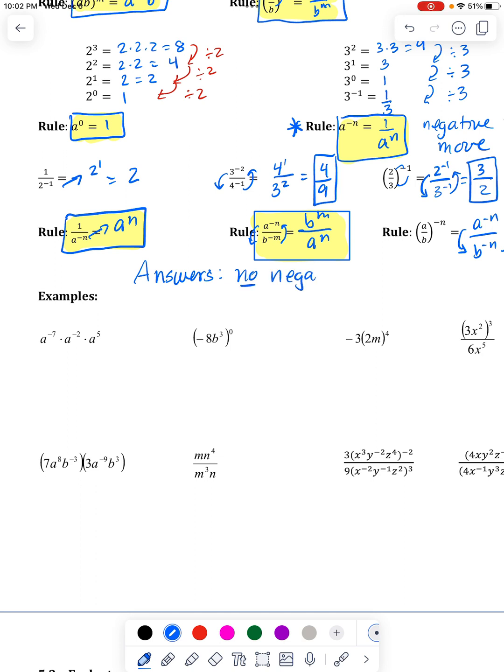You have to move them and make them positive. So if your answer has a negative power, it's definitely wrong, and you want to fix that. It also can have no repeat variables, meaning you should not have x written twice in the problem. Like if you look at these problems, the first one has a written several times. It should be simplified to a point where you do not have that a repeated.